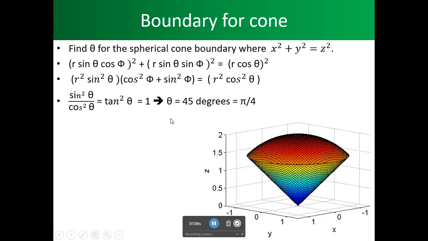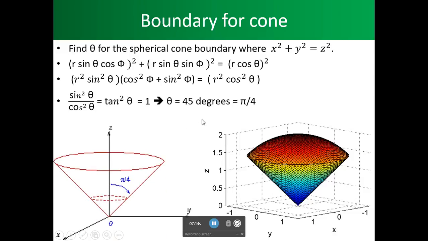And so we find that it's at 45 degrees, or pi over 4. Now this correlates with what we see graphically. Excellent.